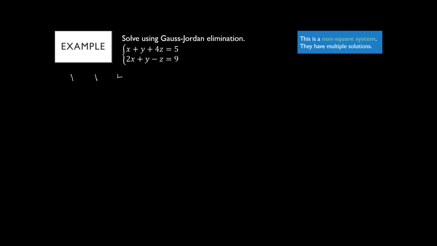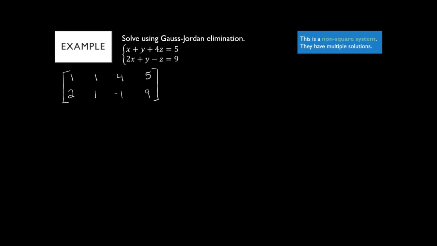I've got 1, 1, 4, 5, and then 2, 1, -1, 9. So we've got a 1 in our upper left corner already, which is awesome because that's what we want.